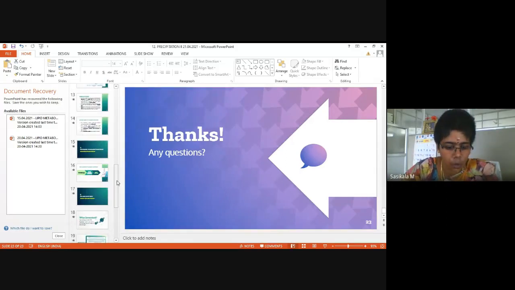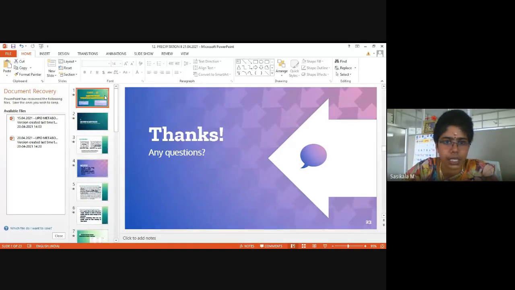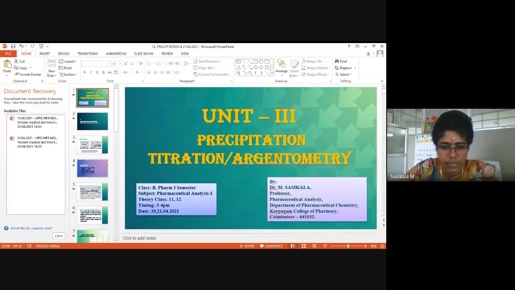Is there any doubt? So what are the methods we have discussed under precipitation titration? Mohr's method, Volhard's method, modified Volhard's method, and Fajan's method. Mohr's method is a direct titration method. Volhard's method is a back titration method, where the titrant used is ammonium thiocyanate or potassium thiocyanate.